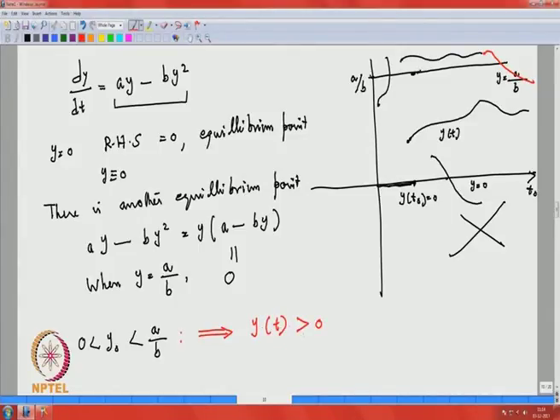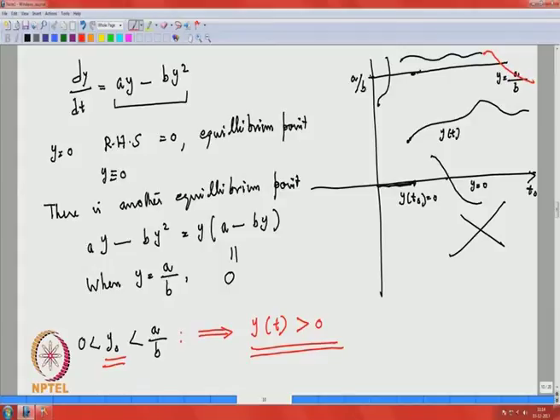So, even though it is intuitively clear that the population grows, if you have a non-trivial population to start with at y naught, your population will always be positive, and that is the fact you are using.